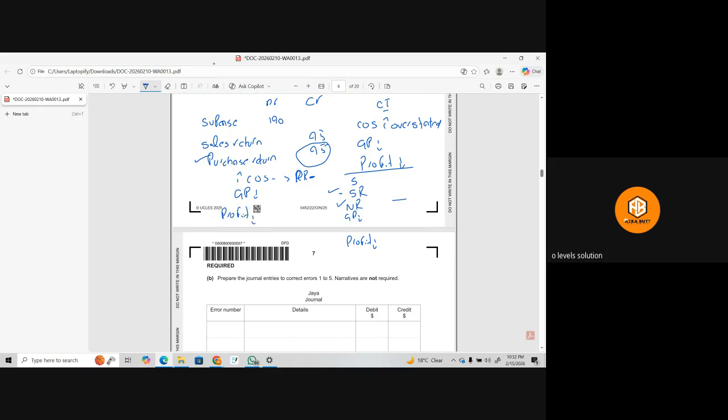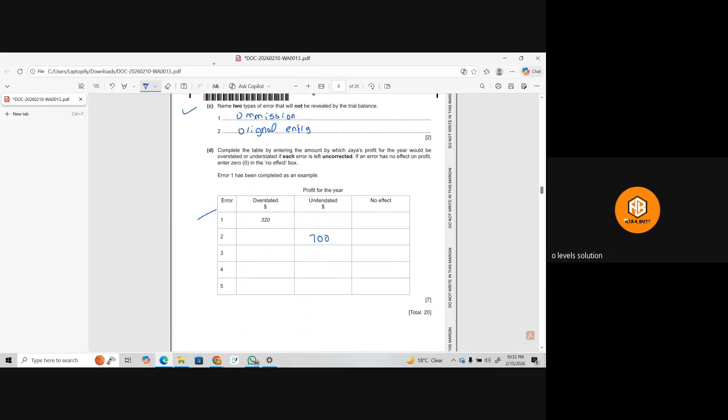So your profit will be decreasing with a double amount, with this 95 and with this 95 as well. So it means that with the 190, your profit will be understated.